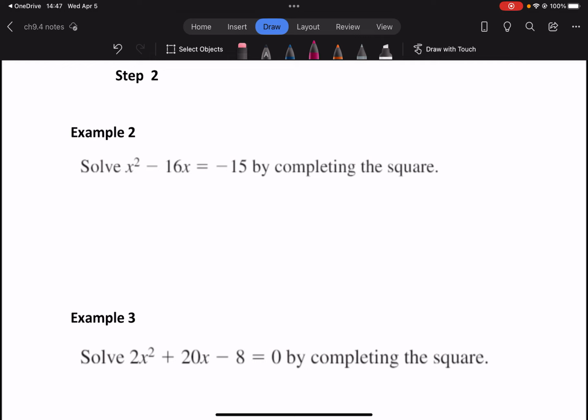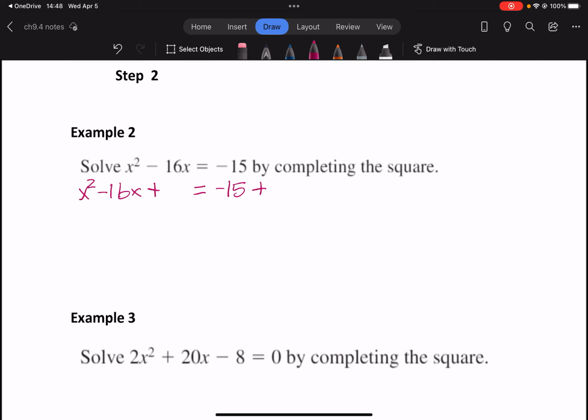So I want to go ahead and write out the equation. Since I am completing the square, I'm going to put a little space in here. So I'm going to do x squared minus 16x plus, put my equal sign, then minus 15 and a plus.